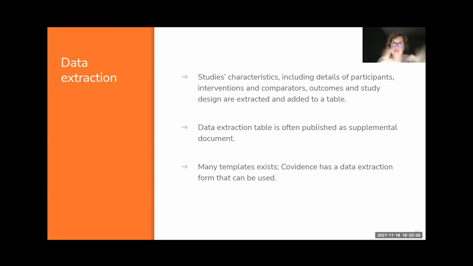So you would create a list of study characteristics that you want to grab from the studies. So there are the basic ones: details on participants, intervention, if there's a comparator, outcomes, study design. But then it also depends on what your project is about. So these data extraction forms might be quite different from one project to another. So yeah, usually it's a table and you extract the data from all these studies into that table.